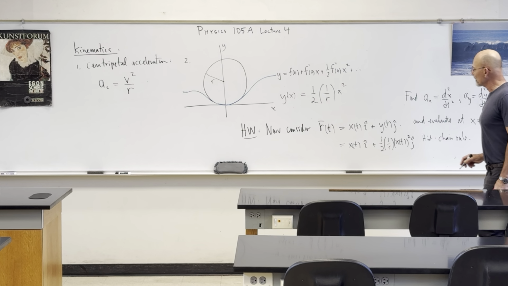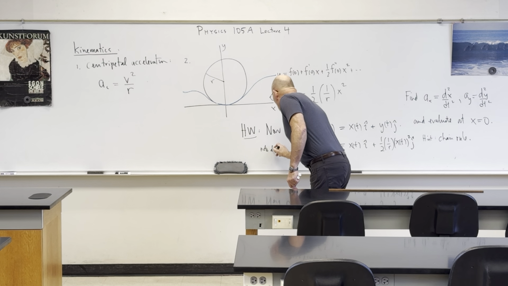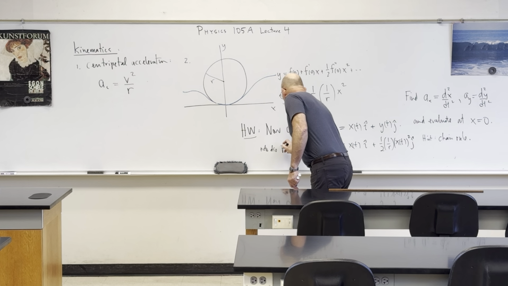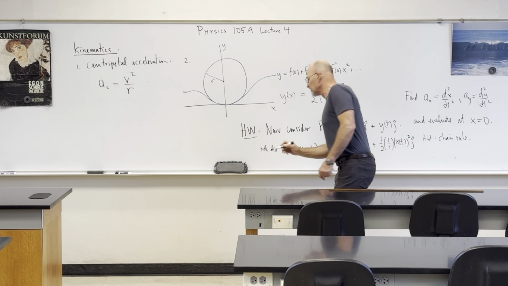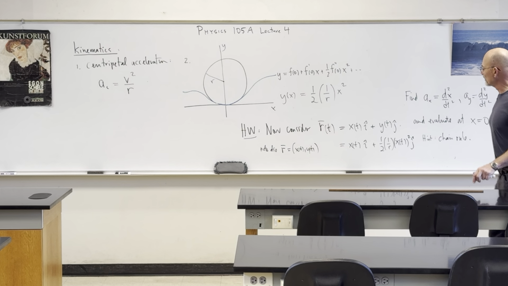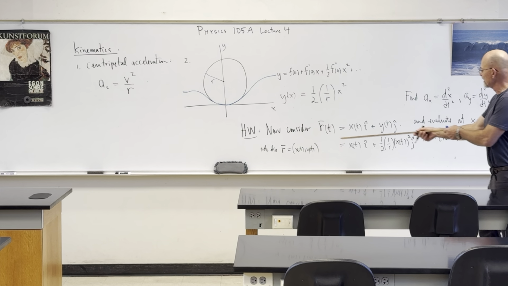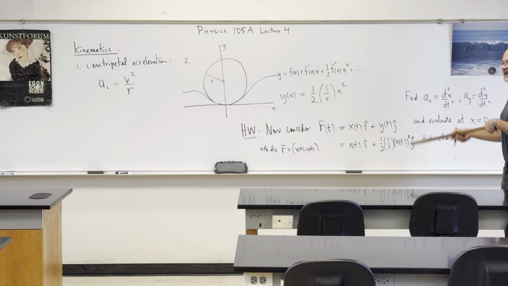We could also, I'll write a note, if you wanted, write r is equal to x of t, y of t. You're working in the ordered pair. So these are equivalent, right? The x of t, y of t, or the x of t i hat, y of t j hat.